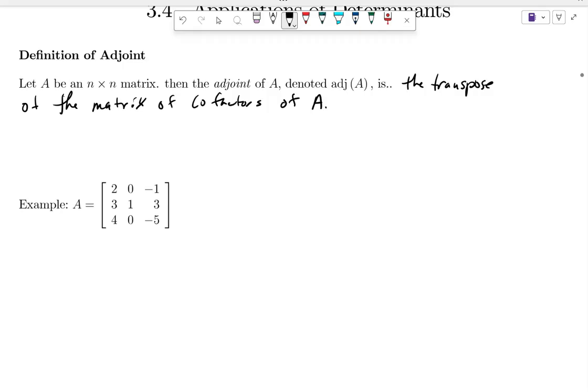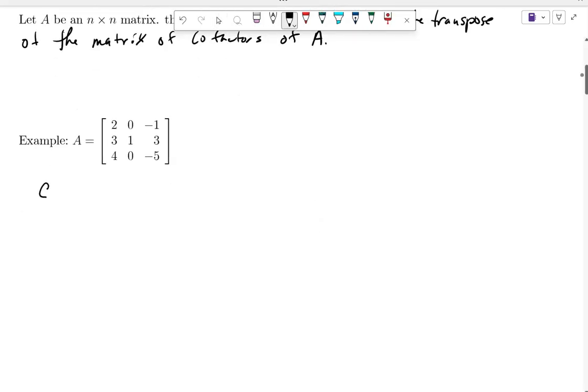We're just literally looking at the cofactor and going to put that into the matrix. So we've got C11, C12, C13, C21, C22, C23, C31, C32, C33.